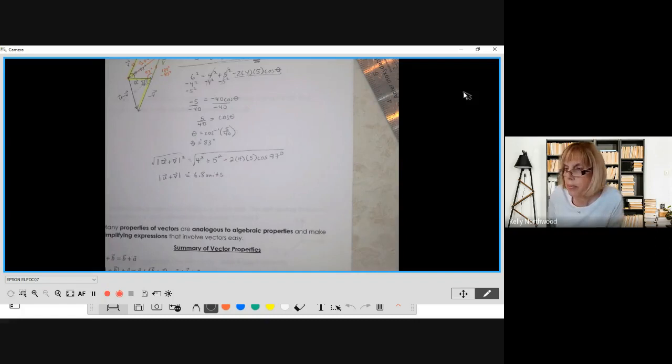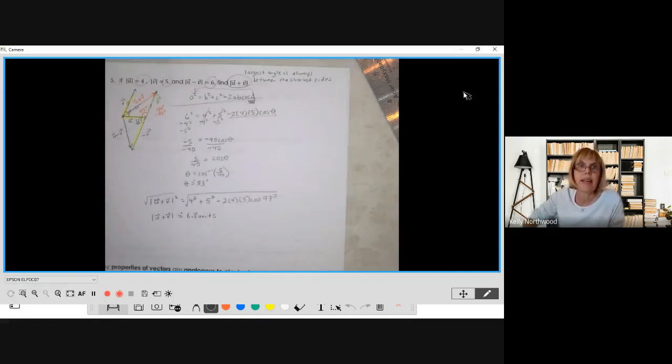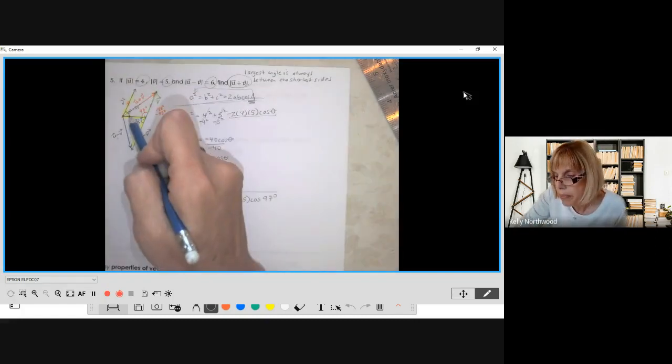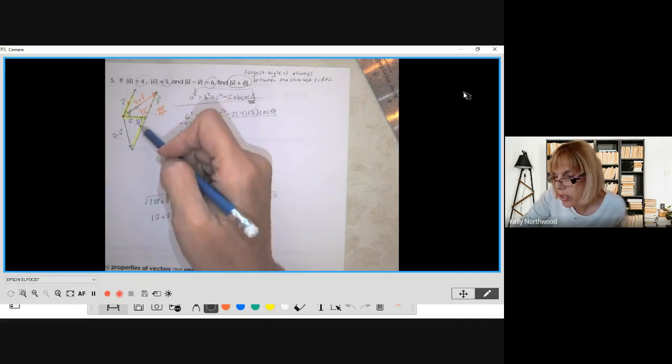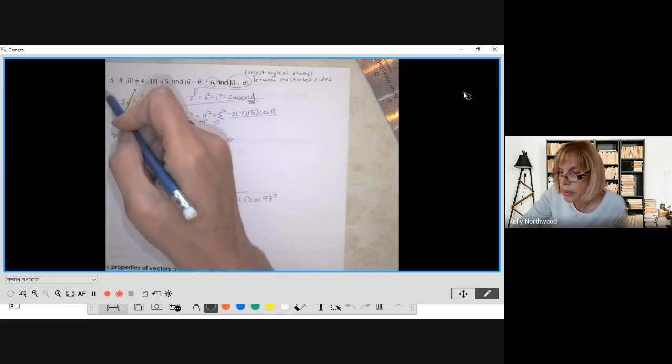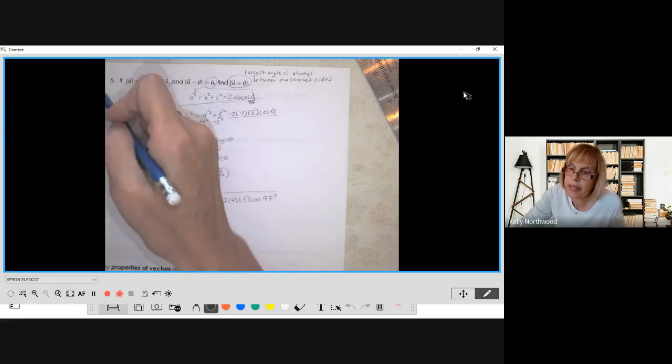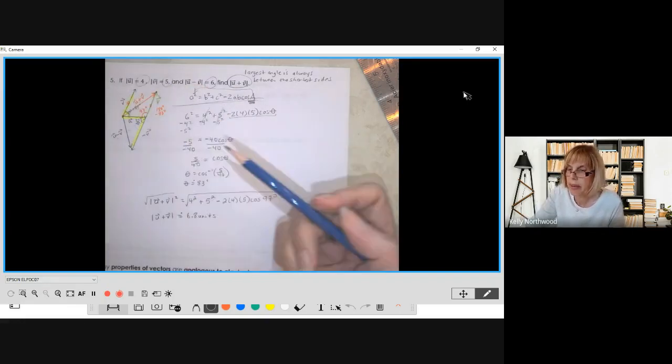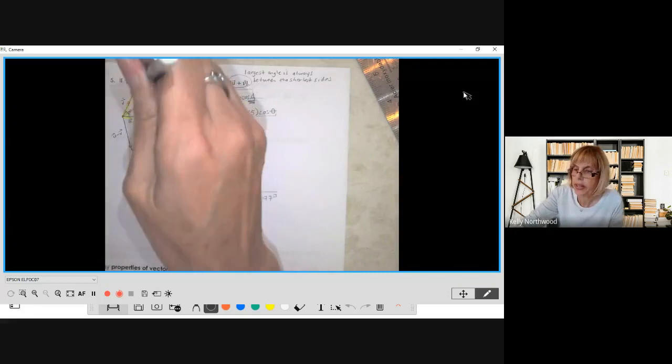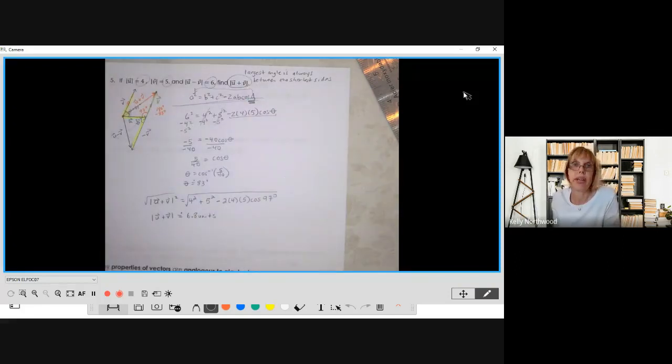Okay, so sometimes when I do a question like this, I draw my initial diagram and I think the angles are acute, but when I actually solve for angle theta, it ends up being obtuse. Like it ends up being like 110 degrees, which doesn't look anything like my diagram. So usually I just cross that diagram out and redraw my initial diagram so that it makes more sense with the angle that I get.